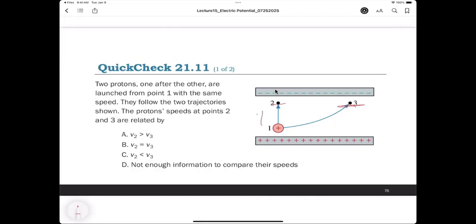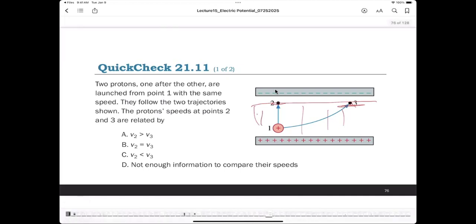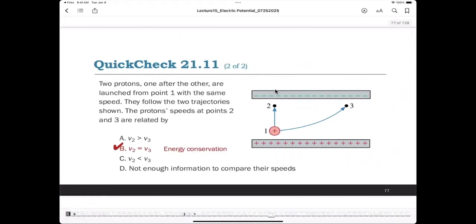Which means 2 and 3 have the same electric potential energy, so the kinetic energy is also the same, which means the velocity will be the same. That makes sense to you? So the answer should be B. It's based on the conservation of energy.